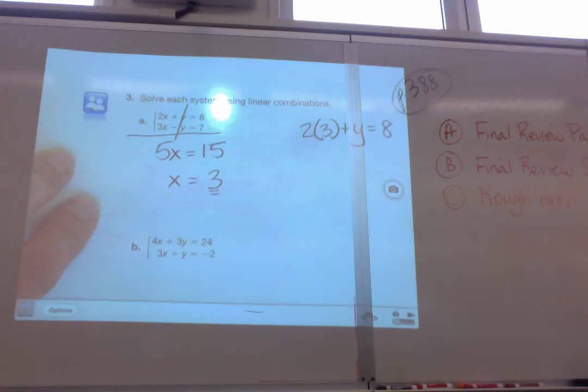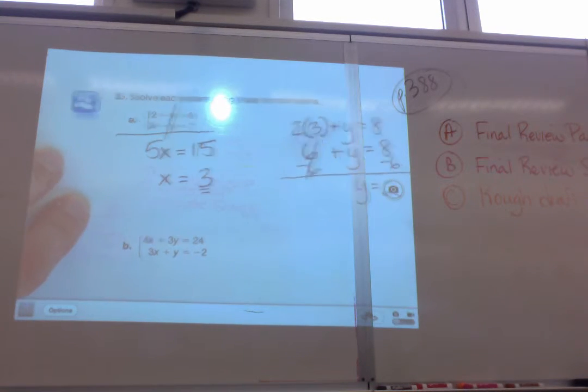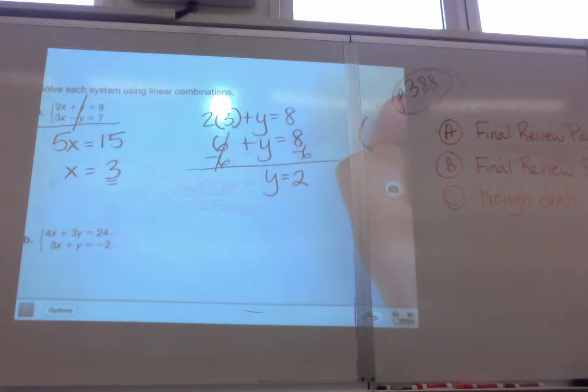Whatever you get for the x, you replace it into one of the equations. You can pick which one you like the best. Then you start to simplify, and you want to get the y by itself. And then you usually express your answer as an ordered pair.